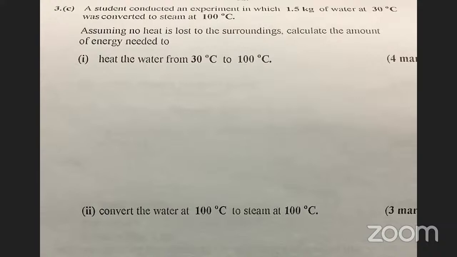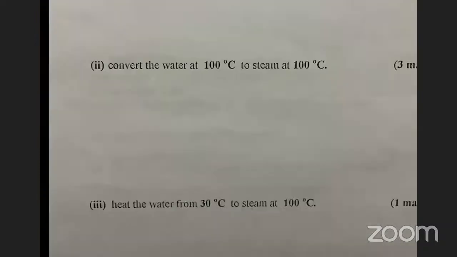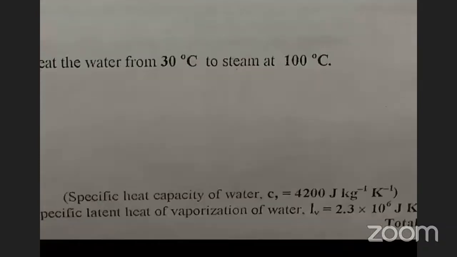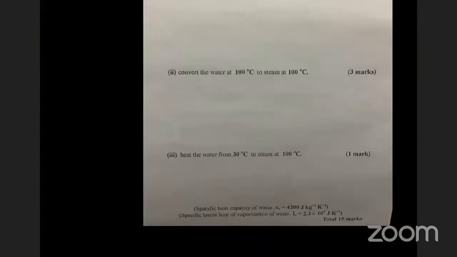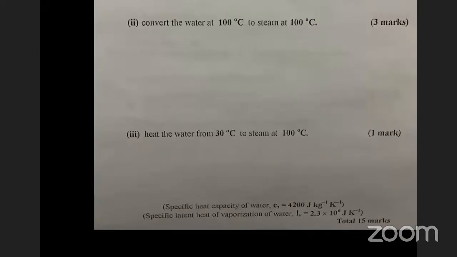I mean, part 1 and 2. I just gave the values just now. These are the values that we'll need down here: specific heat capacity of water, and later on latent heat of vaporization.